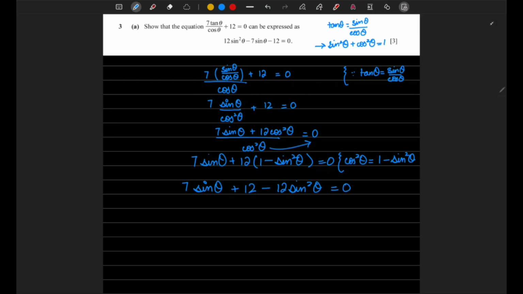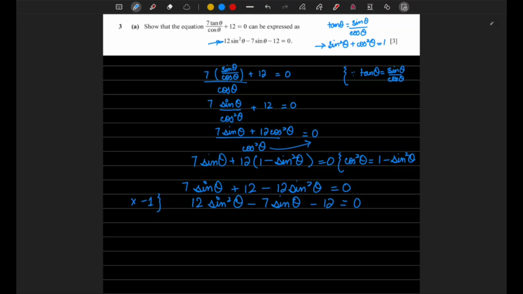And if we need exactly this form, we can multiply the whole equation by minus 1. It will become 12 sine square theta minus 7 sine theta minus 12 equals 0. So multiplying by minus 1, this is proved.